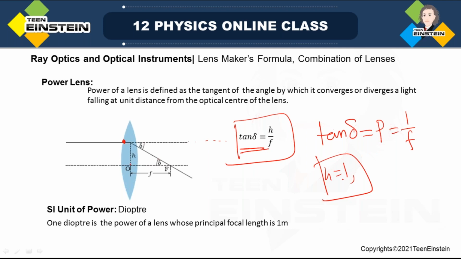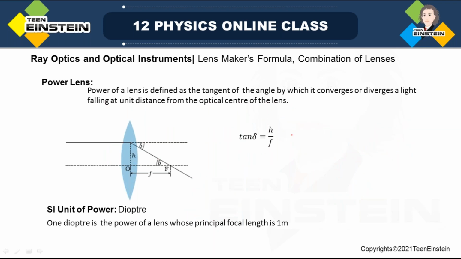So you can see, in the definition itself it is written that it converges or diverges a light falling at unit distance from the optical center of the lens. Suppose here the light is coming and falling, so this is the H height, and this height has to be unity. Then only the tangent of this angle delta can be told as power.